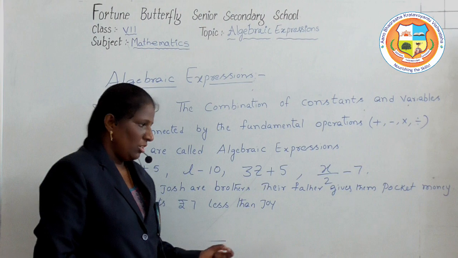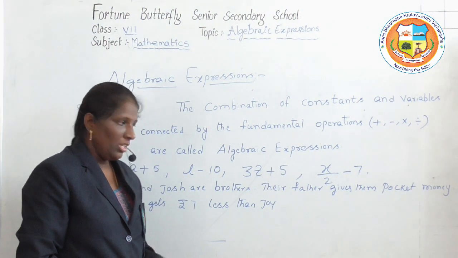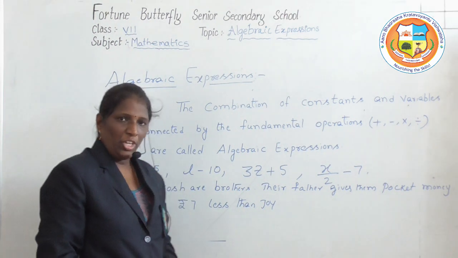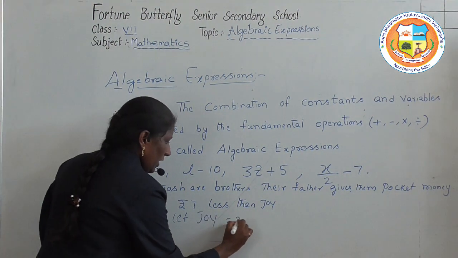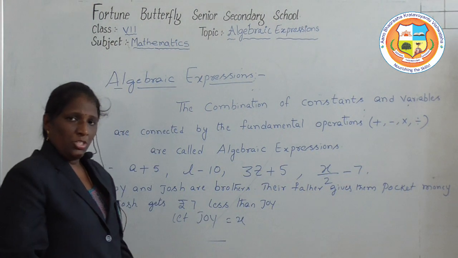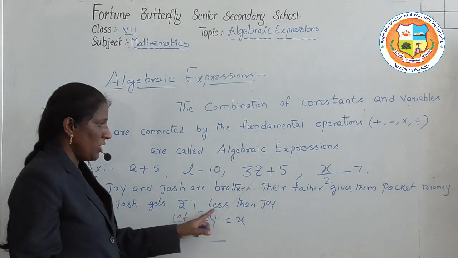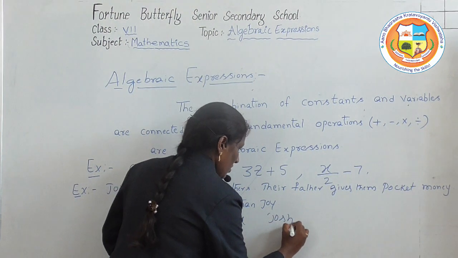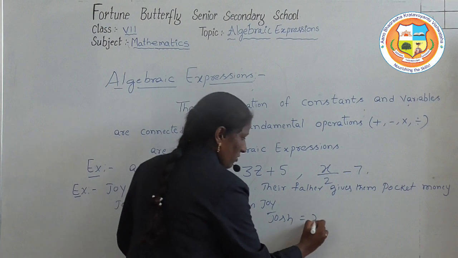In this question, how much money does Joy have? We don't know how much money. That's why for this unknown quantity we take a variable. Let Joy's money be equal to x. How much is Josh's money? Josh gets 7 rupees less than Joy. Joy's money is x.